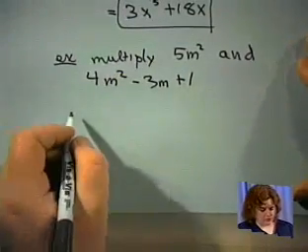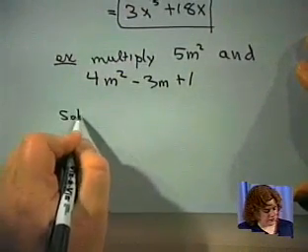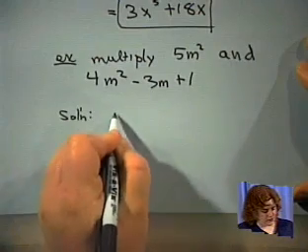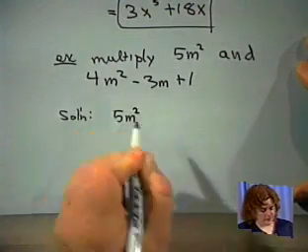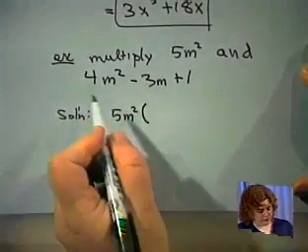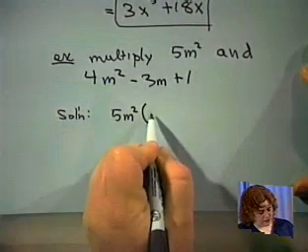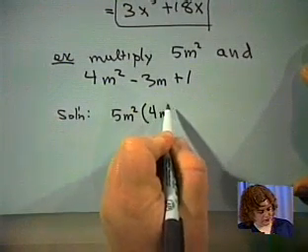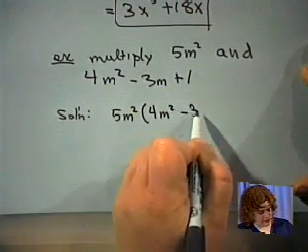Well, for our solution, what we'll want to do is write the 5m squared in front of the parentheses and put the longer polynomial inside the parentheses to indicate our multiplication.